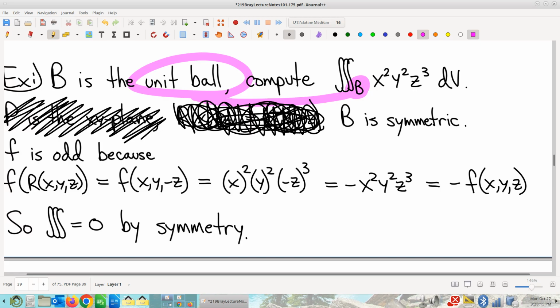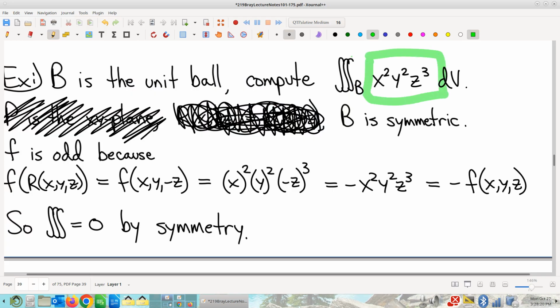Let's think about our integrand. I would like for this to be odd. What would I have to have in order to make this be odd? You can look at these exponents. You see that this one is an odd exponent. And I think, hey, I sure wish my reflection formula just negated the Z. I can kind of do this algebra, just count the minus signs.